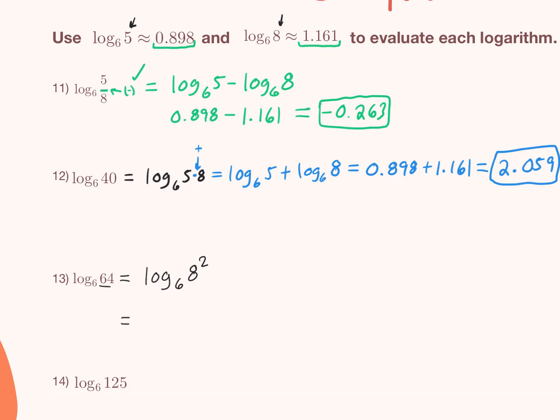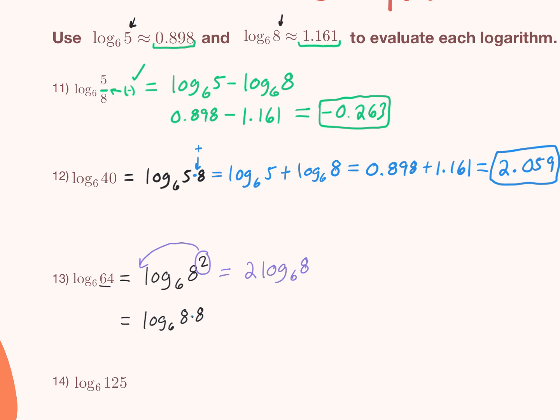Another thing that you can say is that this is log base 6 of 8 times 8. So you have a choice here, right? We know that 8 squared is 64, so you can use a power property to move this 2 out front. And then you're going to get 2 times log base 6 of 8.